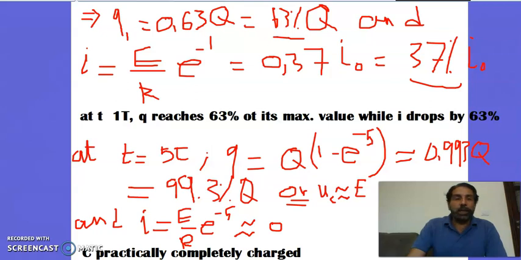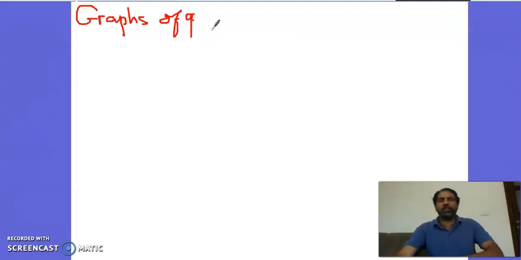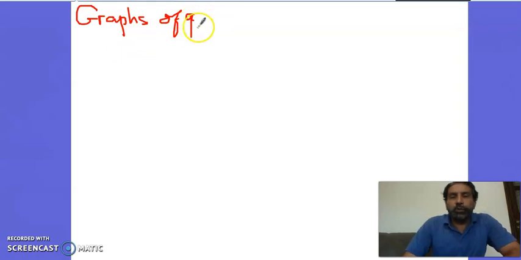Now, after studying these particular cases, which are very important, let's find now the graphs of Q, say, first Q. I said Q or UC the same because they are proportional. Similarly, I or UR, means the voltage across the resistor, also the same because they are proportional, right?